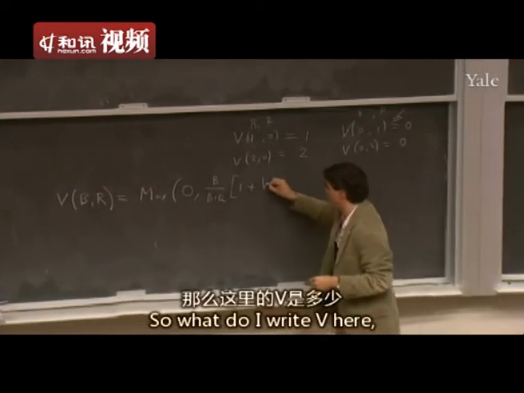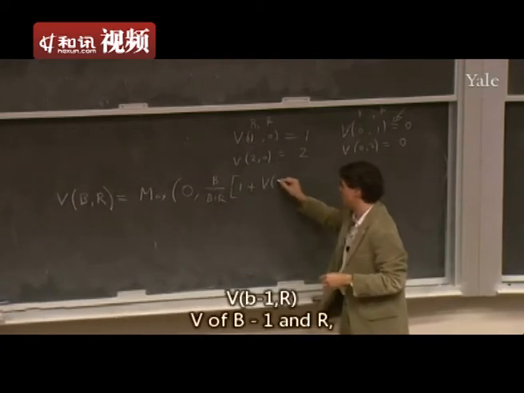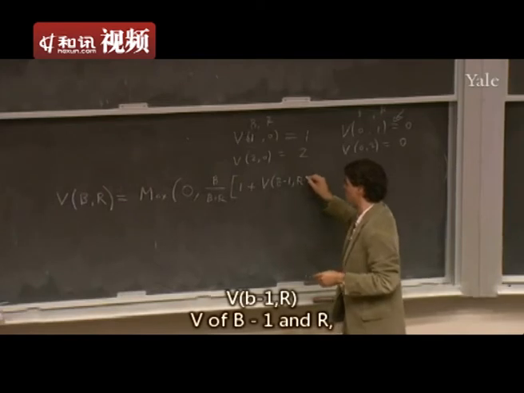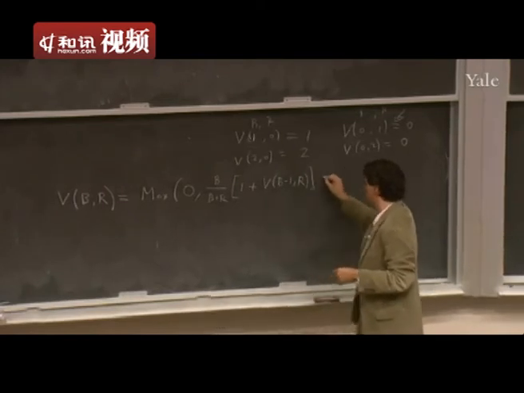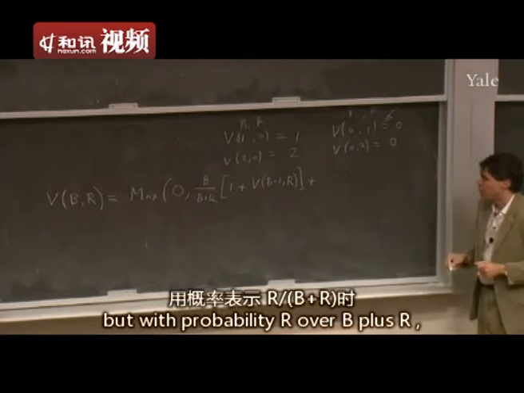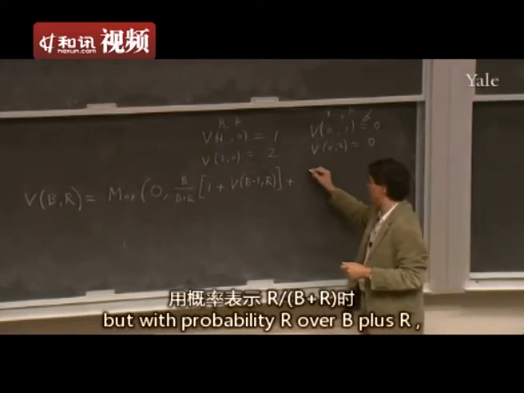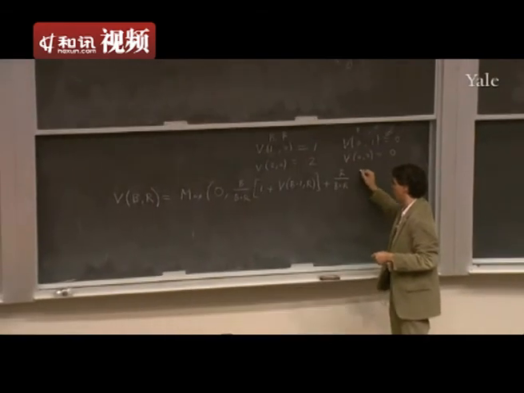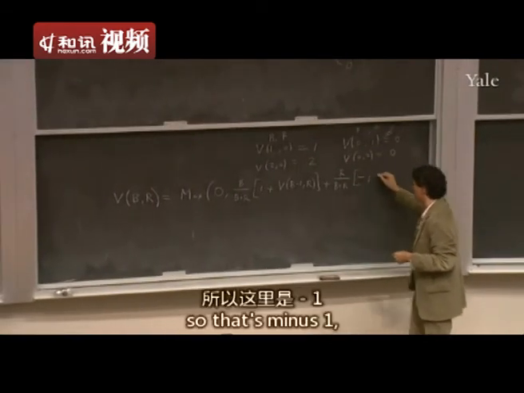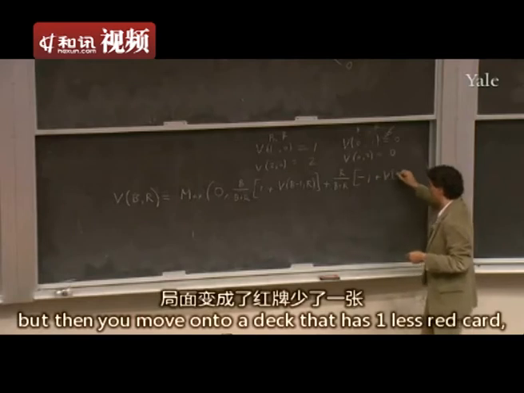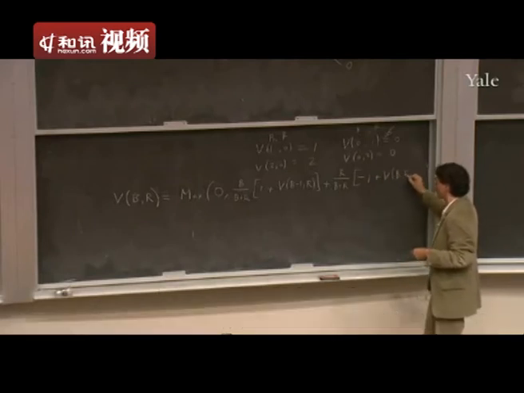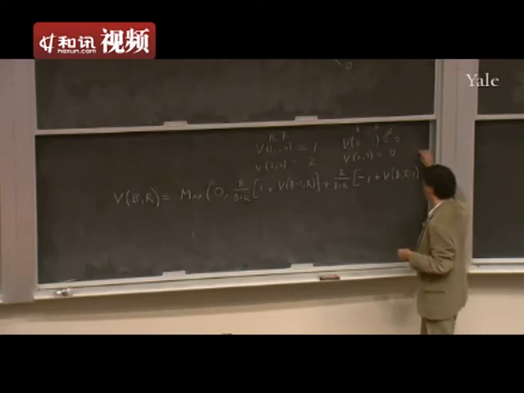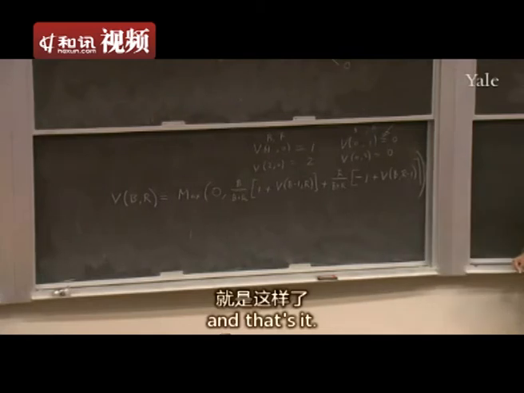And so what do I write? V of B minus 1 and R. But with probability R over B plus R, you drew a red card. So it's minus 1, but then you move on to a deck that has one less red card. And that's it.